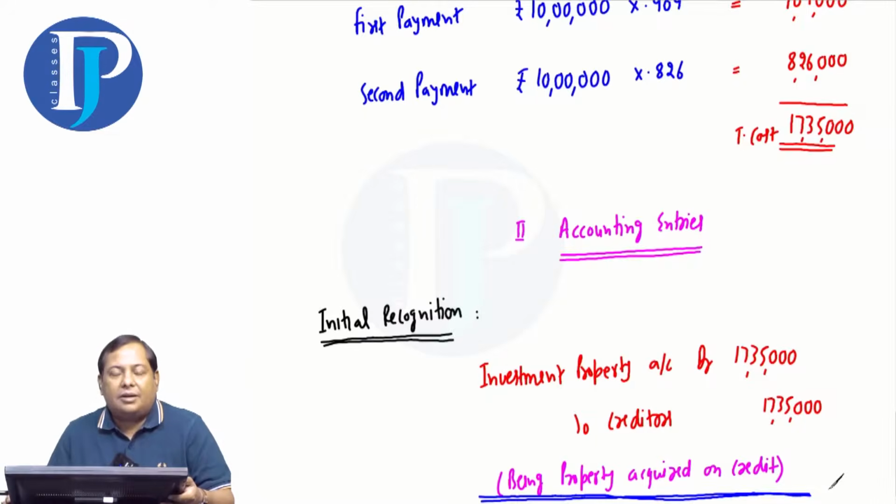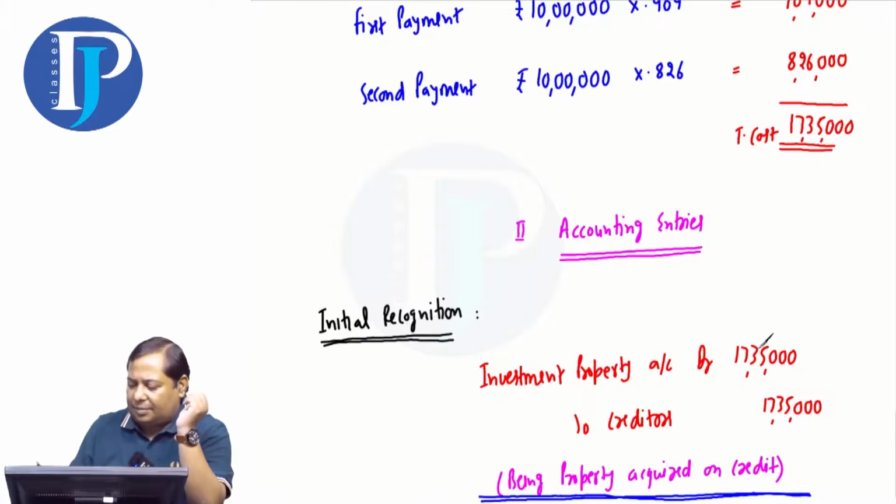So when is the first payment due? The first payment is due in 1 year, so you will have to pay interest on 17,35,000.